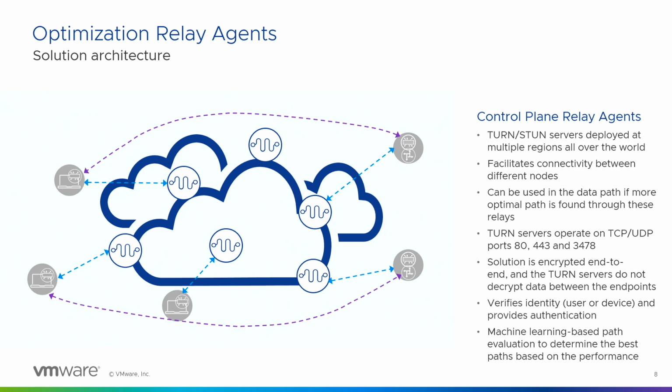And you don't need any configuration on the TURN servers as such. All you need to maintain is the configuration for creating the SD-Access overlay network. This solution is end-to-end encrypted, meaning the data traffic is completely end-to-end encrypted between the endpoints, and the TURN servers or the relay agents absolutely have no visibility into this data.